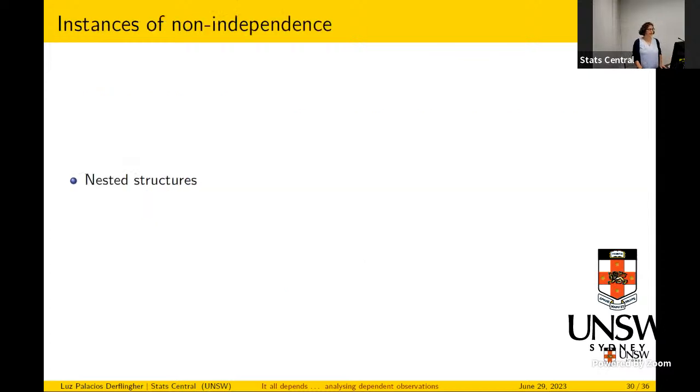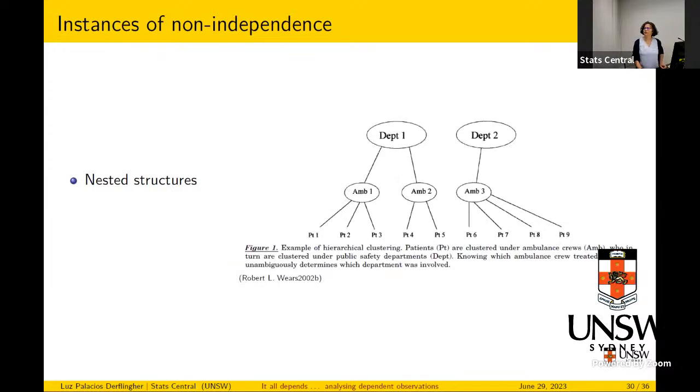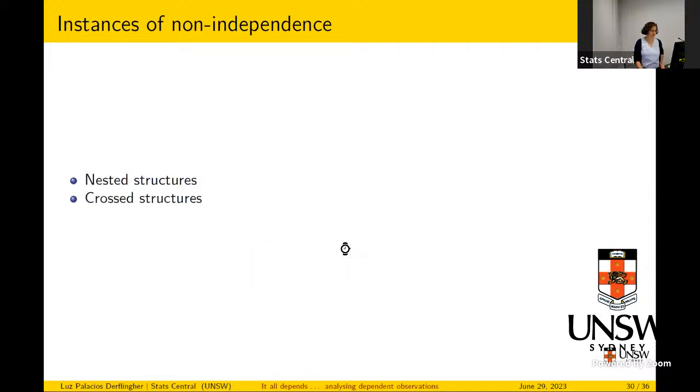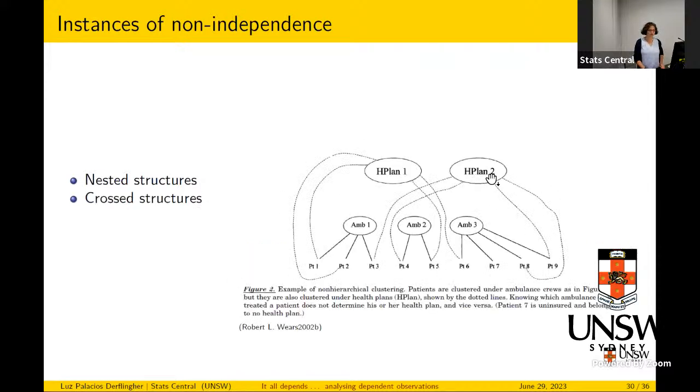And here I will provide some instances of non-independence. We have nested structures. So here what we have is patients inside ambulance and then ambulance inside of departments. I think that is called that in this paper. So that is a nested structure. But also we have cross structures where we have patients inside of ambulance, but also patients that belong to different health plans.